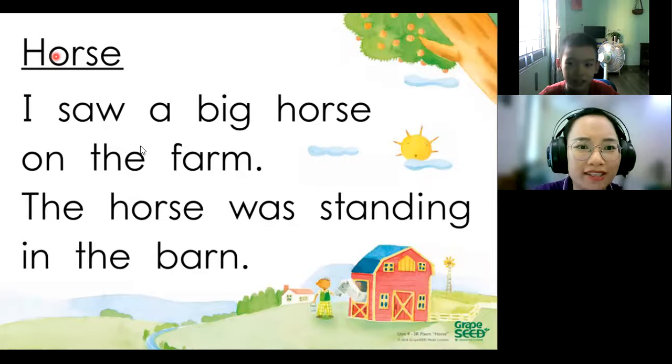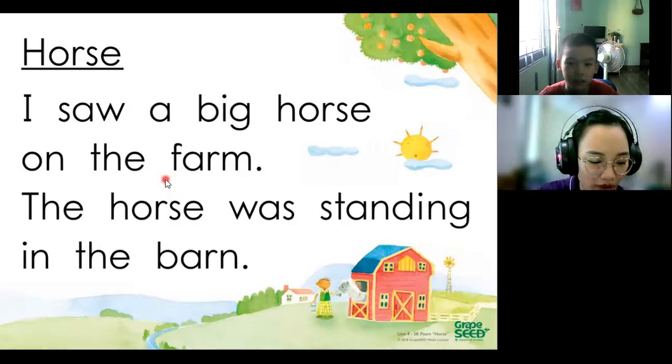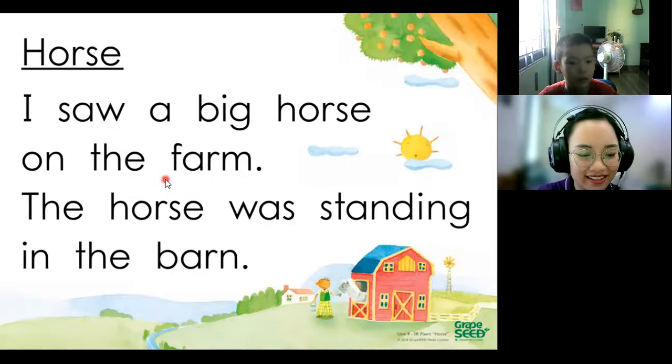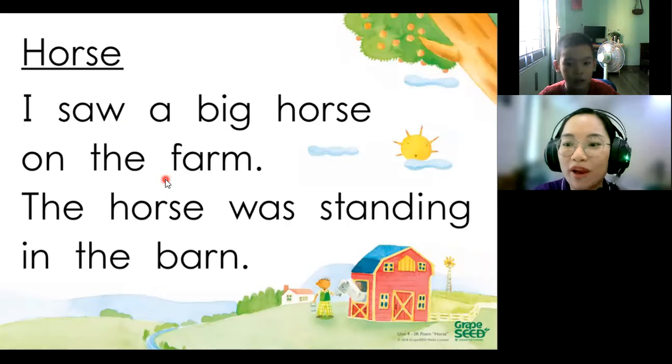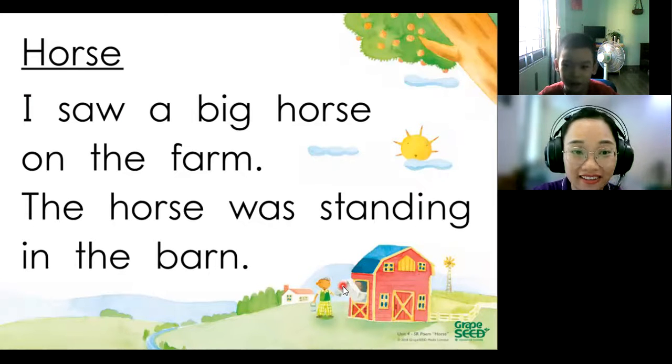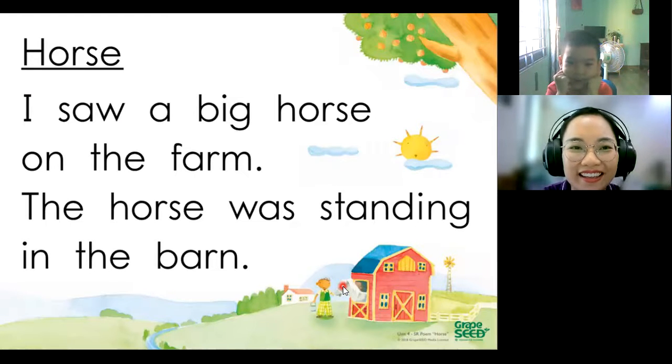Where is the horse? Thomas, where is the horse? Standing in the barn. Thank you. What is standing in the barn? The horse was standing in the barn.